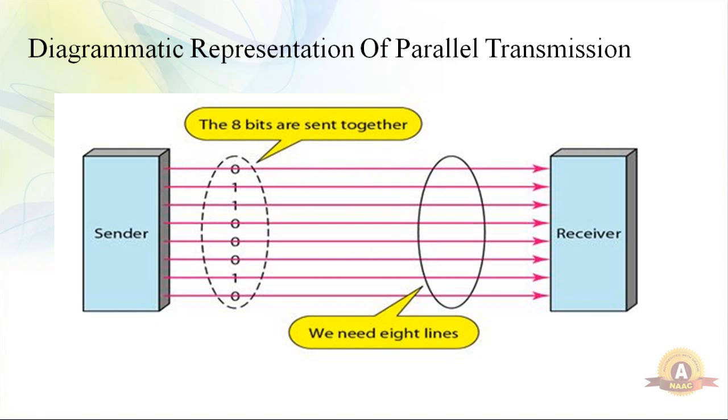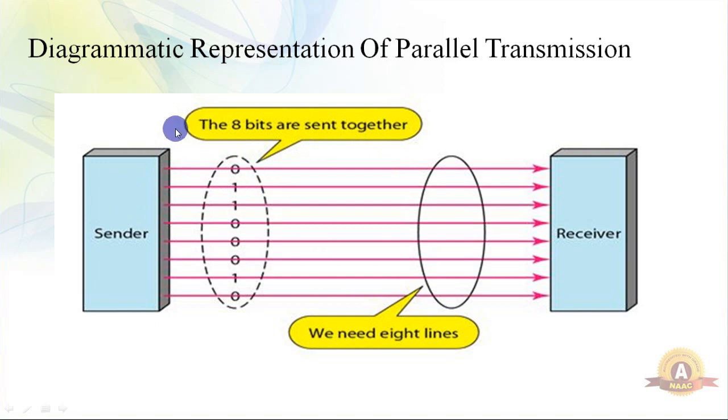If there is an 8-bit processor, then it can send 8 bits at a time from the sender to the receiver. If it is a 16-bit processor, it can send 16 bits at a time.